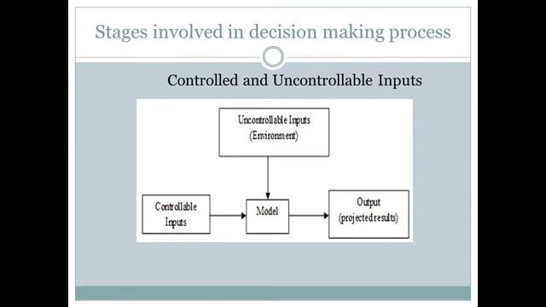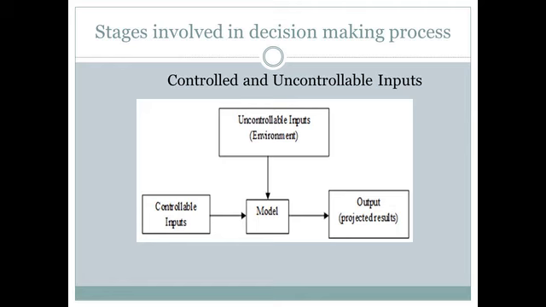In the previous slide, we have just seen that there are some controllable variables and some uncontrollable variables. So this is a diagram showing the controlled and uncontrollable inputs. What are uncontrollable inputs? Obviously, environment is not a controllable unit. It comes under uncontrollable input. And controllable inputs are something within our company which can be controlled. So obviously that makes a model.